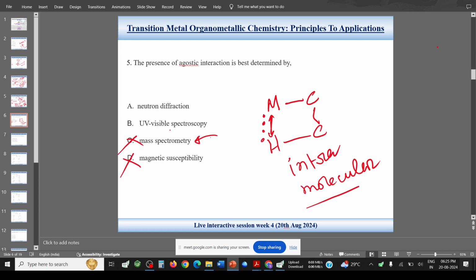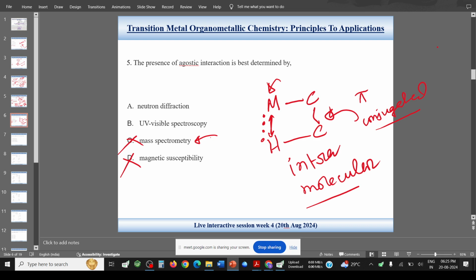Another is UV visible spectroscopy. What does UV visible spectroscopy determine? UV visible or absorption spectroscopy generally determines two things. One is the metal, another is the ligand attached to the metal. For the ligand part, if we have a pi conjugated system in the ligand, it will show UV visible absorption.